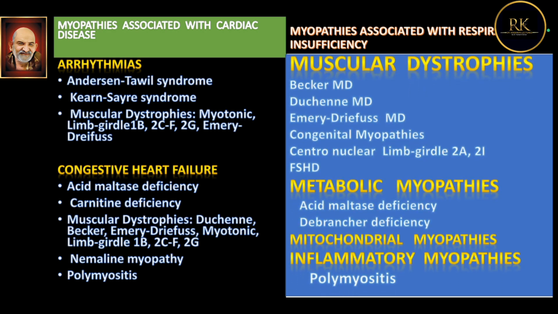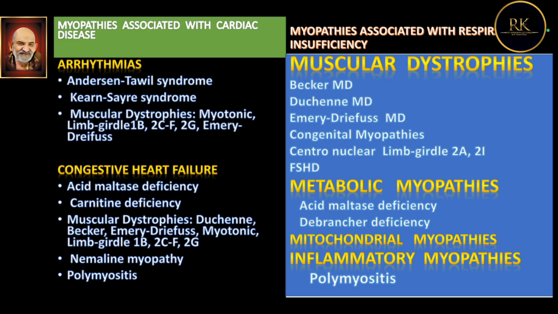If myopathies are associated with respiratory insufficiency, the causes include Becker muscular dystrophy, Duchenne muscular dystrophy, Emery-Dreifuss muscular dystrophy, congenital myopathies, centronuclear myopathy, limb girdle 2A, 2I and facioscapulohumeral dystrophies.